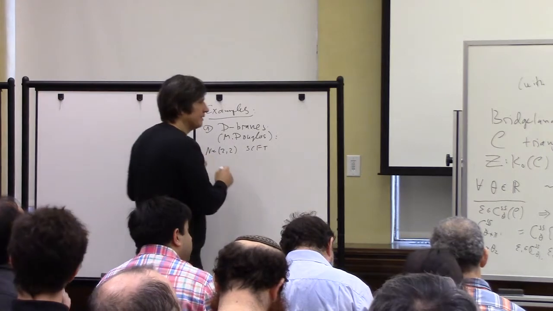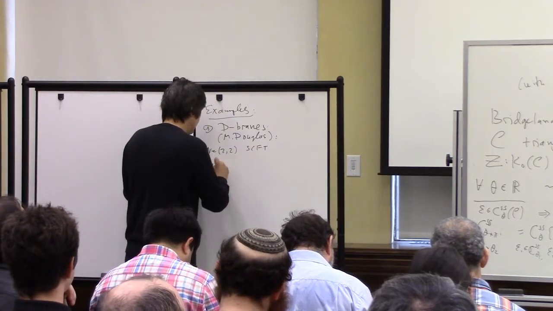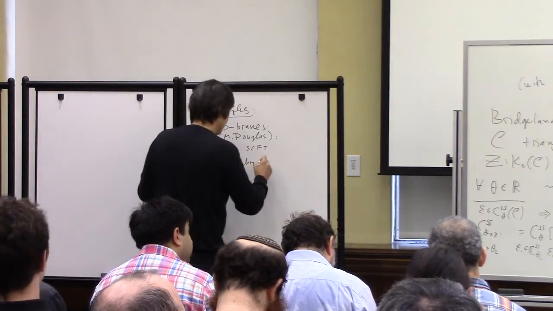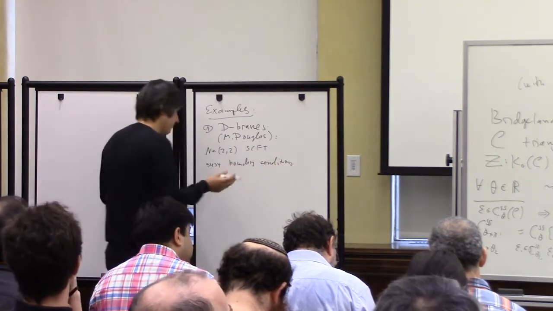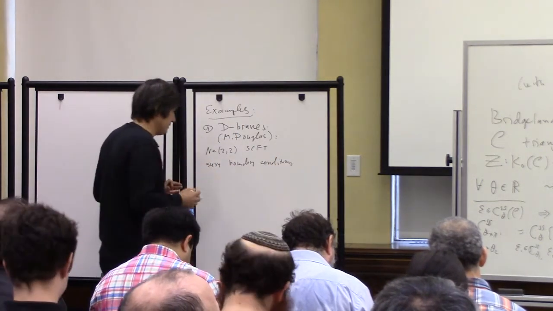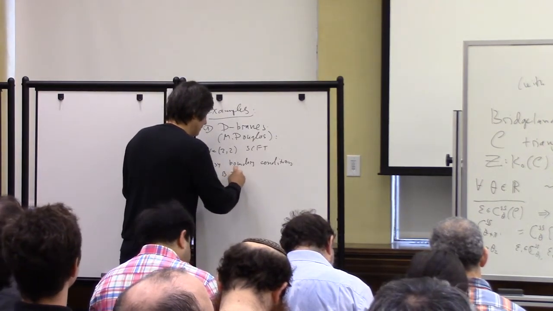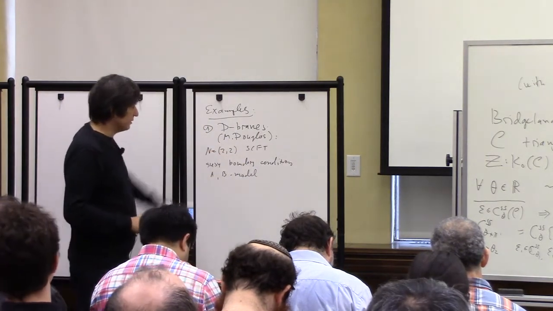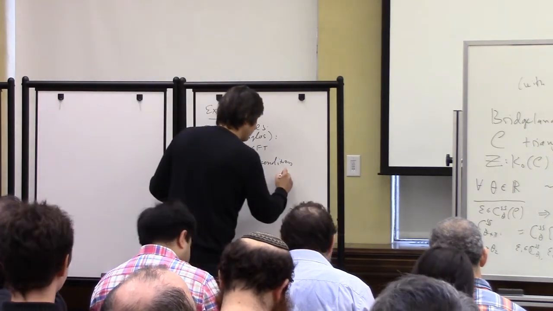One can try to speak about boundary conditions, supersymmetric boundary conditions, and they should, there's A or B model twists, so there are two categories around, and when you get these unitary boundary conditions, they should be polystable objects.